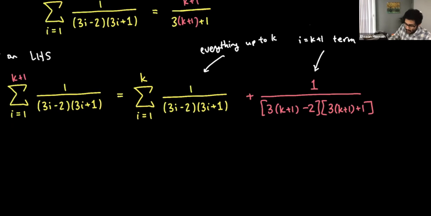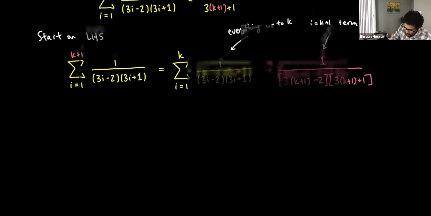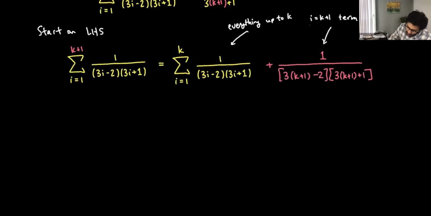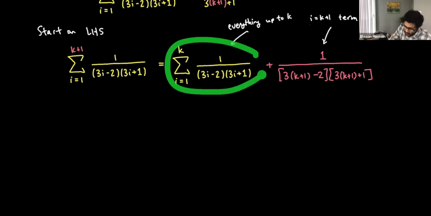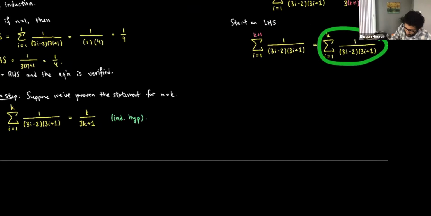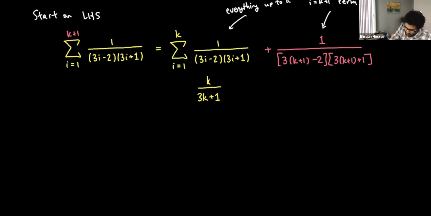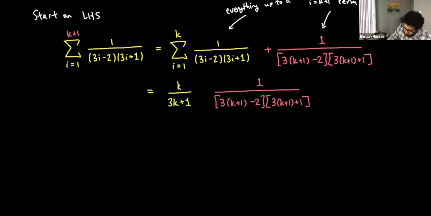Okay. And now let's simplify it as much as I can. By induction, I know something about this sum by this formula here. I know that I've got k times k over 3k plus 1. So I know I've got k over 3k plus 1. And all I know is that this thing is a big fraction. So all I can do is simplify.